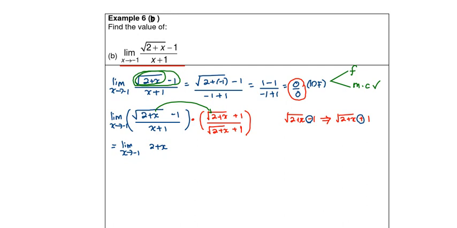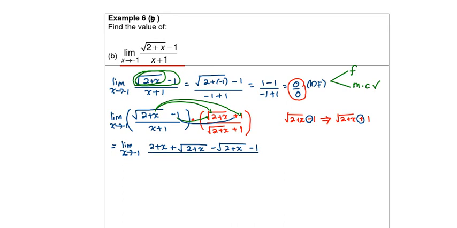Square root 2 plus x multiply with 1 equal to square root 2 plus x. -1 multiply with square root 2 plus x is negative square root 2 plus x. -1 times 1 equal to -1, over.